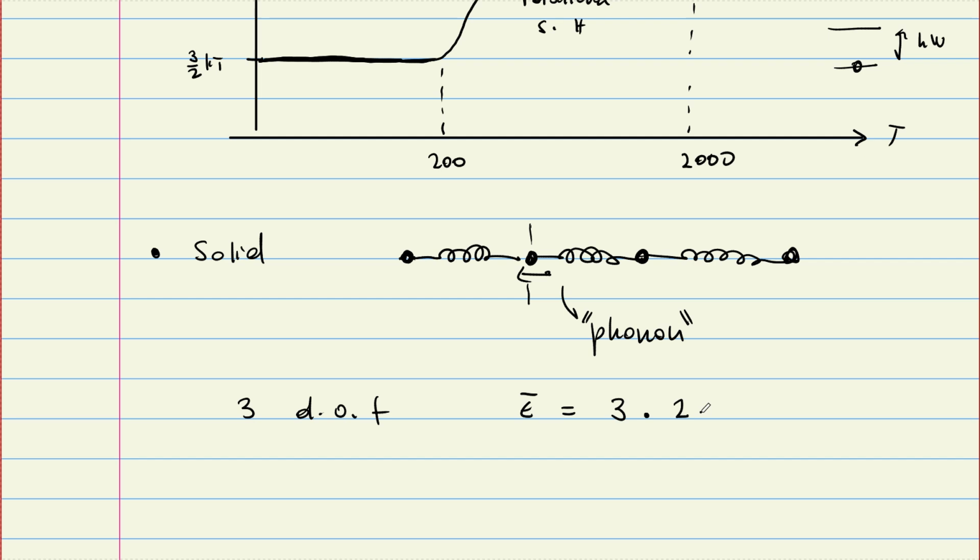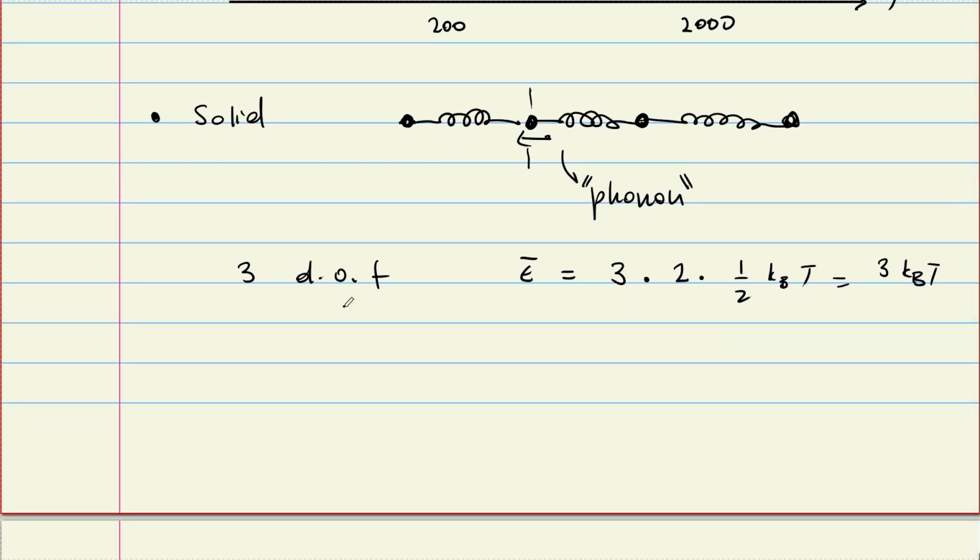Each spring has 2 degrees of freedom, and each degree of freedom comes with 1/2 kBT, right? At the end, the average energy is going to be 3 kBT. And if you do exactly what we did, C is equal to del E bar del T, you are going to find 3 kB. Again, Dulong-Petit.